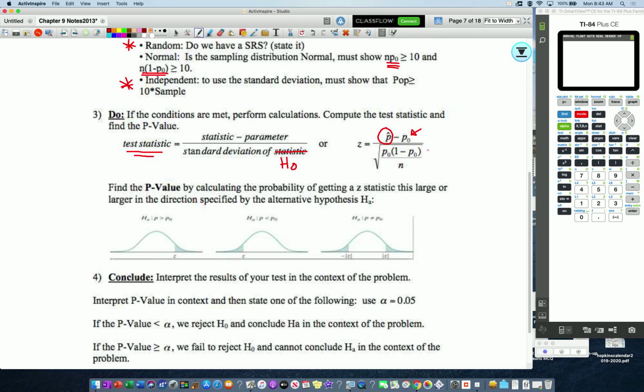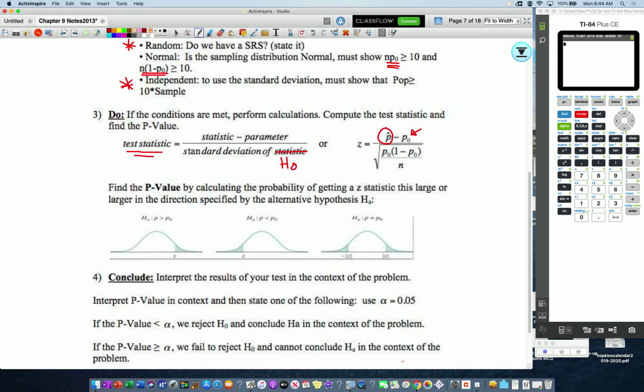Hence why it's the standard deviation of p times 1 minus p of the null divided by n, take the square root of it. Notice how this is coming from your standard deviation of a sampling distribution, coming right from out of chapter 7.